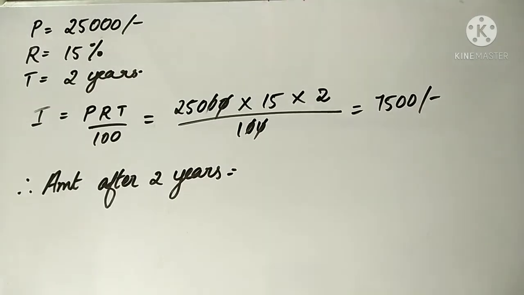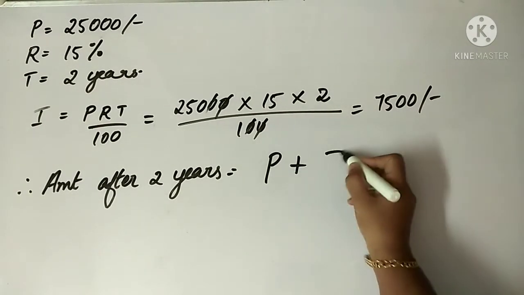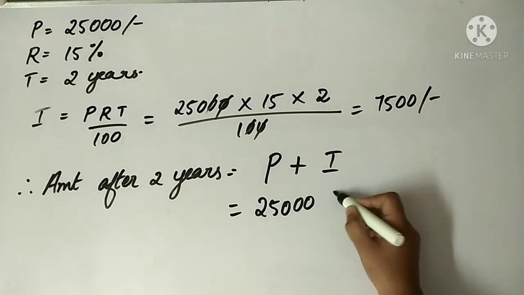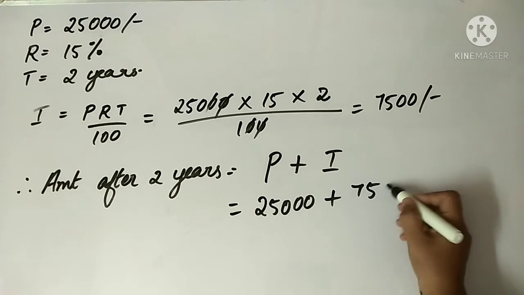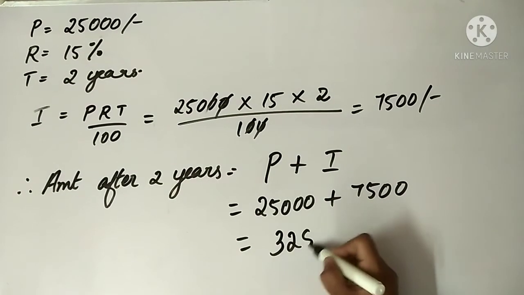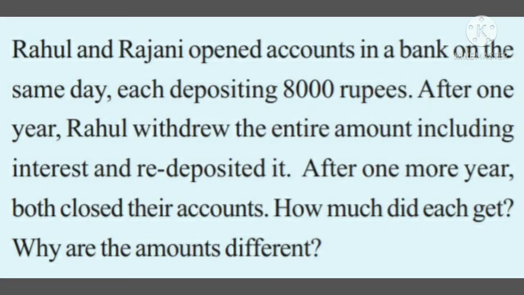Therefore, amount he gets after 2 years is equal to principal amount plus interest, that is 25,000 plus interest 7,500, equal to 32,500 rupees.